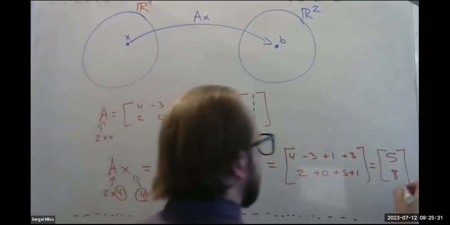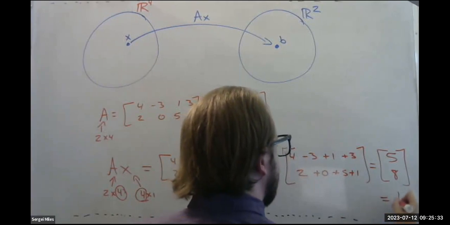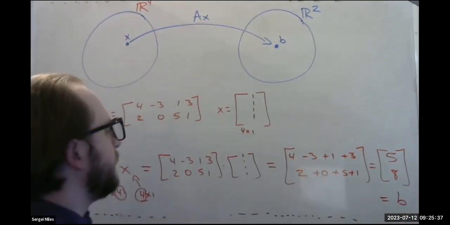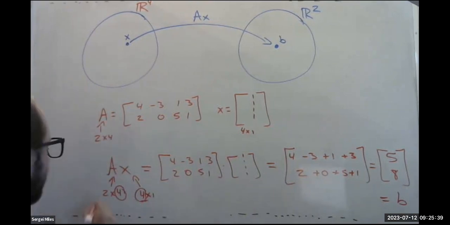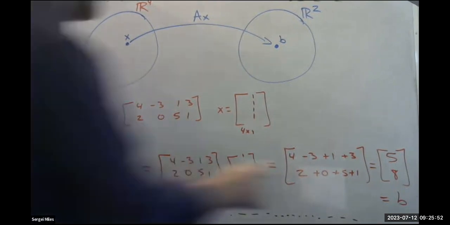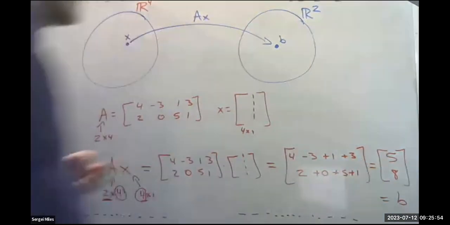Right? This is then my B vector. This is the output vector. Now I also want to highlight what happened here. A, again, has 2 rows. And like we said with the last example, the number of rows for your matrix A is telling you what space your outputs are going to be in.